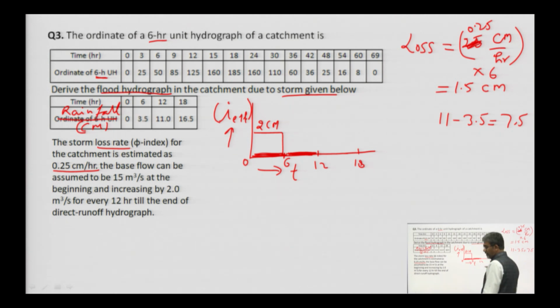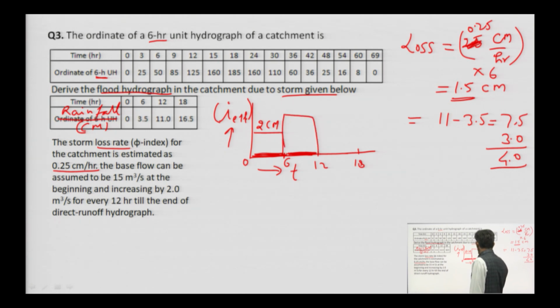Subtracting gives an effective rainfall of 6 centimeter for this duration.